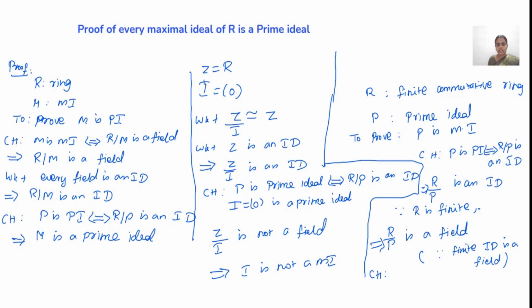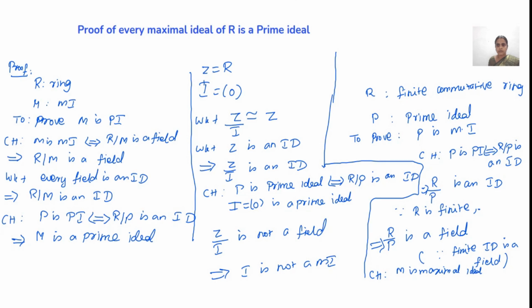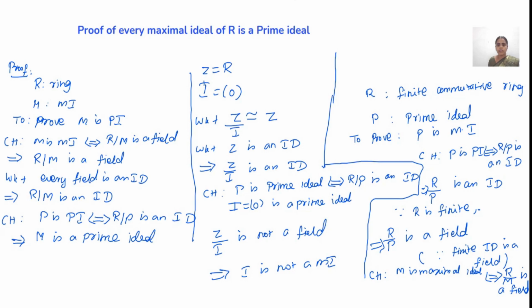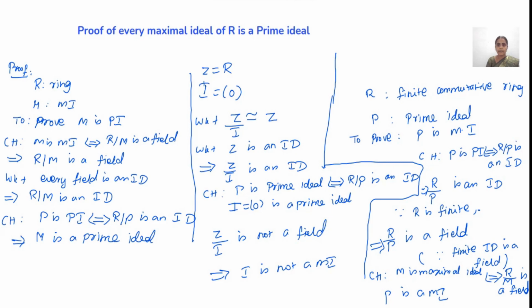Again by the characterization which states that M is a maximal ideal if and only if the quotient ring R by M is a field, and here we have R by P is a field, we can say that P is a maximal ideal. So now we proved that a prime ideal is a maximal ideal under the condition that the ring is finite.